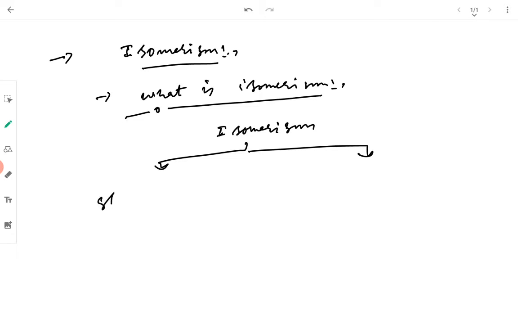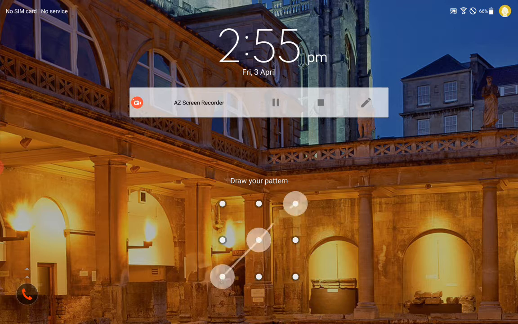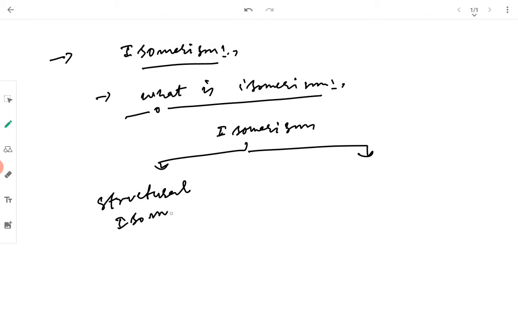One is known as structural isomerism, and another is known as stereoisomerism.